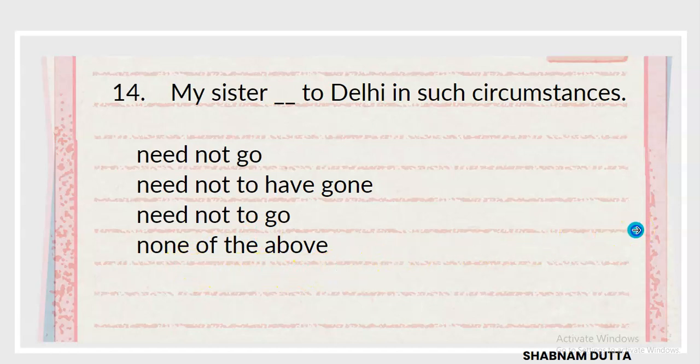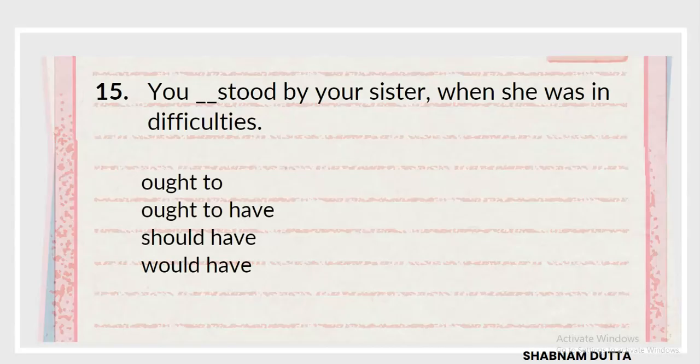Which is your choice? And the last one. You dash stood by your sister when she was in difficulties. Ought to have, should have or would have. So quickly solve these answers and then check the correct ones in the community.